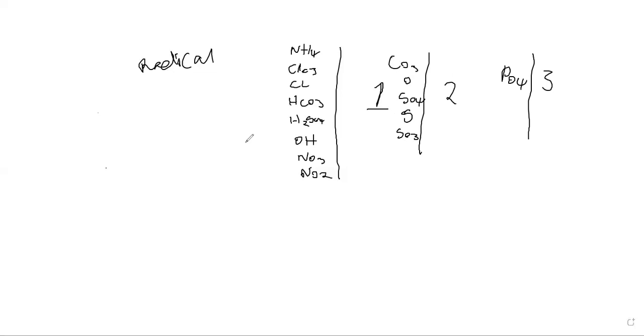Okay, let's move on to chemical formula. A chemical formula consists of a symbol or symbols showing the number of atoms in one molecule. There are some steps you must follow when writing a chemical formula.